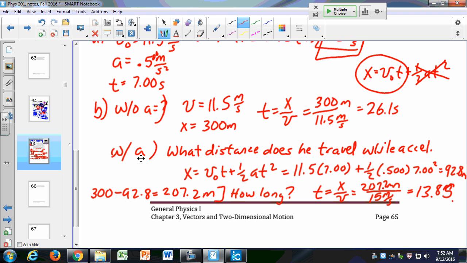All right, so how do we find the total time it took for him to travel this last part while he was accelerating? Well, we have two parts to it. It's 13.8 seconds. What's the other part of the time for him to travel that last 300 meters? 7 seconds is right. So 13.8, and then we have that extra 7, so it's 20.8 seconds. So total time is 20.8.